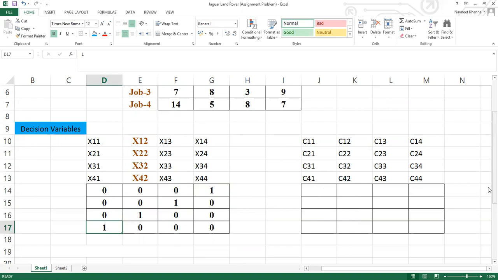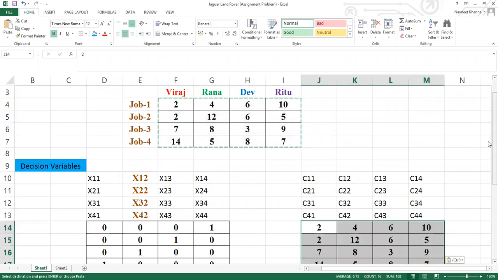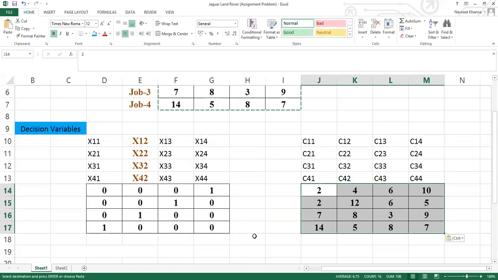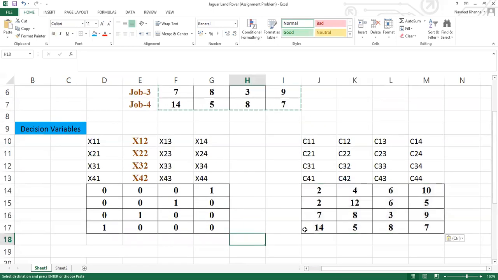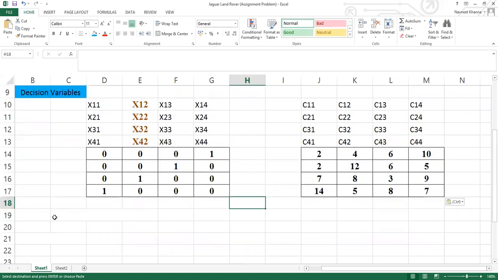And what are the cost components? Cost components are given over here. So I am directly copying it, Control C, and putting it in this table, right? So these are the Cij's. Now I have Xij's and Cij's. So what is the objective function?